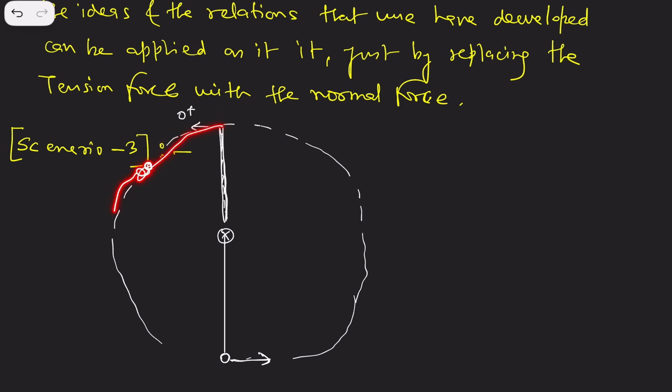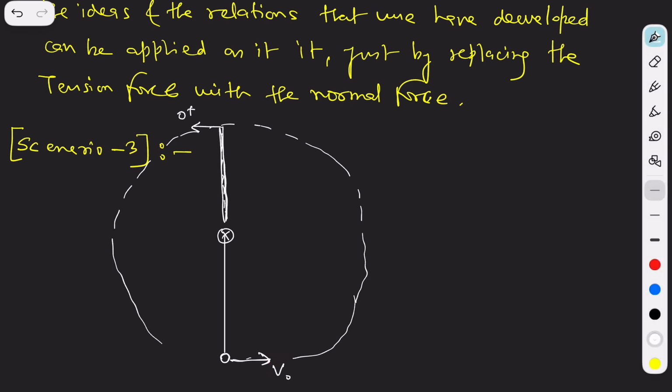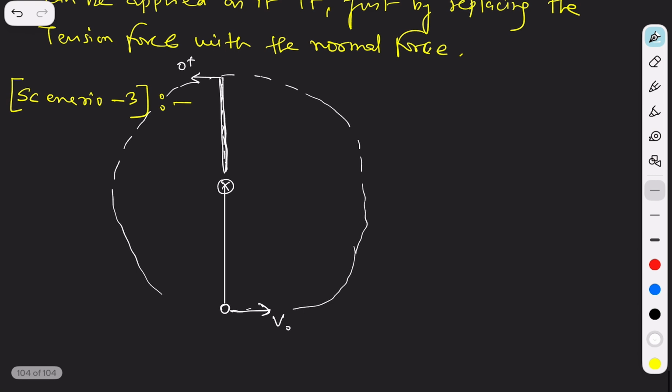So in this case, if somebody asks what minimum velocity we should give so that the particle can do the full circle, it is a different story compared to the string plus block problem. When the particle reaches the topmost point, covering pi as angular displacement, the velocity needed at the topmost point is 0.